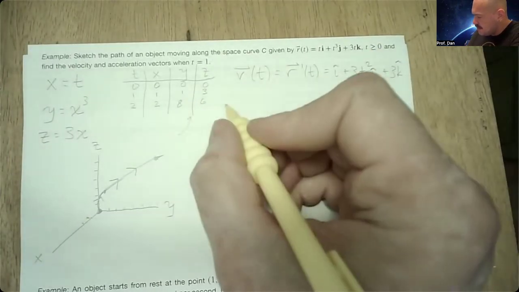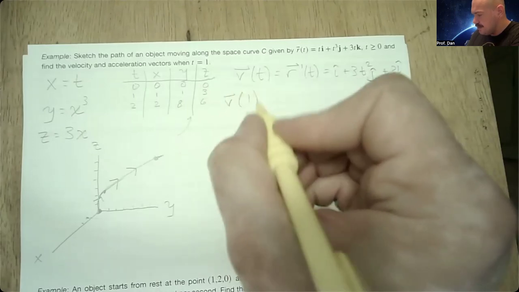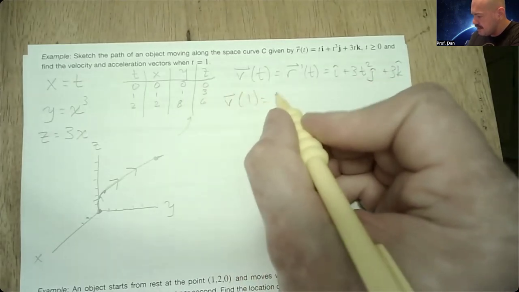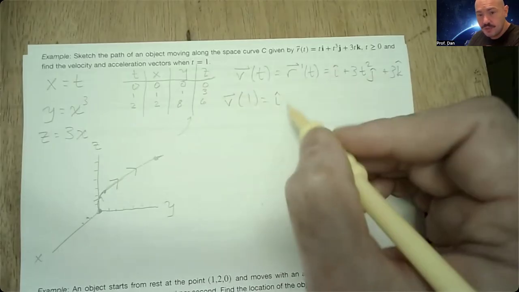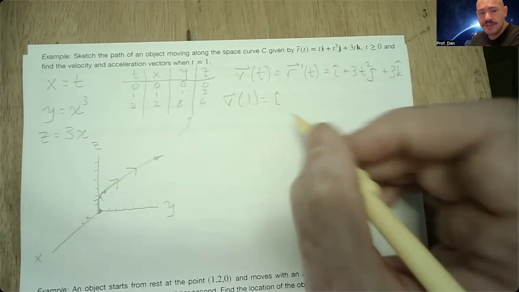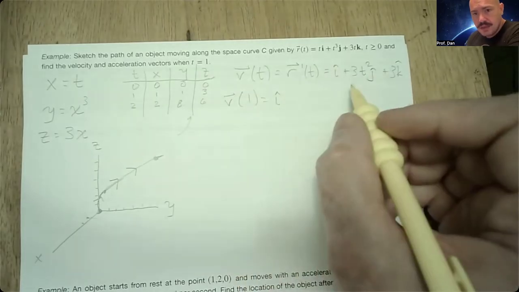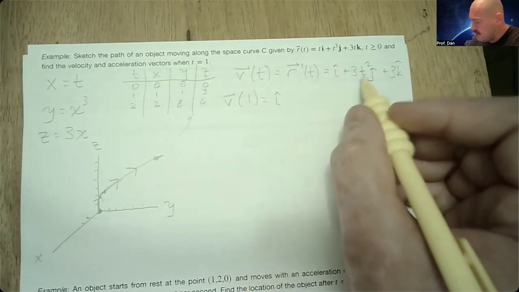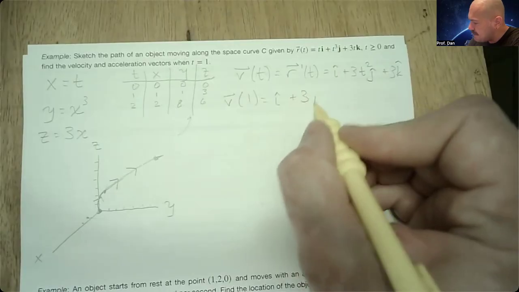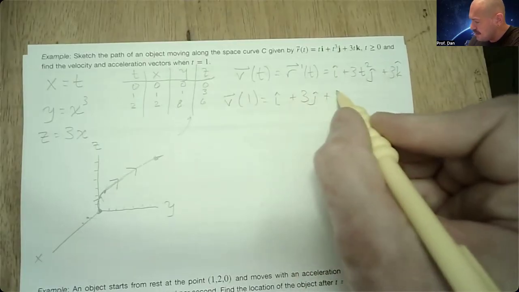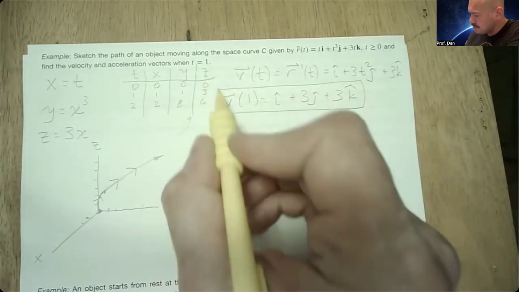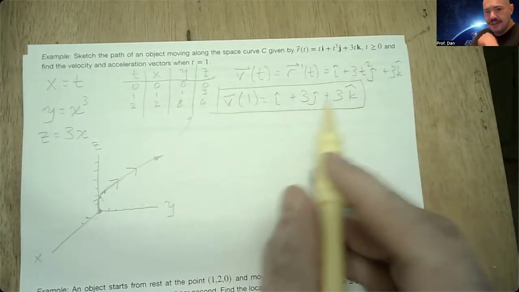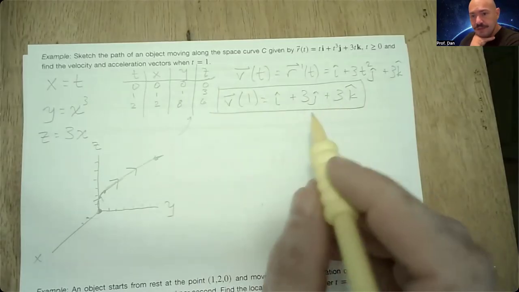And if I wanted to find the velocity when t is equal to 1, I would get i. Remember, there's no t there, so that's just going to be 1i, no matter what the value of t is. If I plug 1 in for t here, I get 3j and 3k. So that's my velocity vector when t is equal to 1.